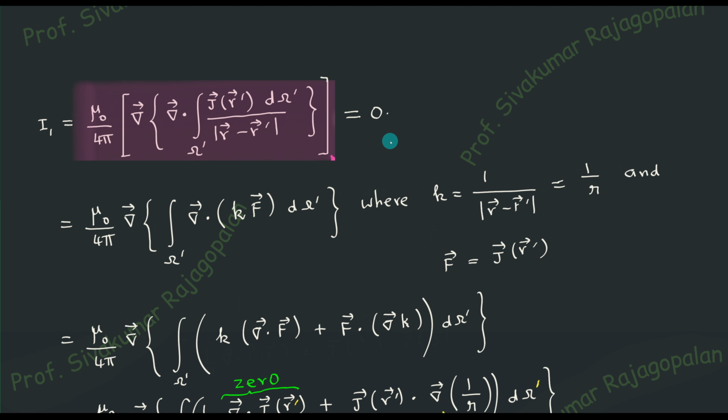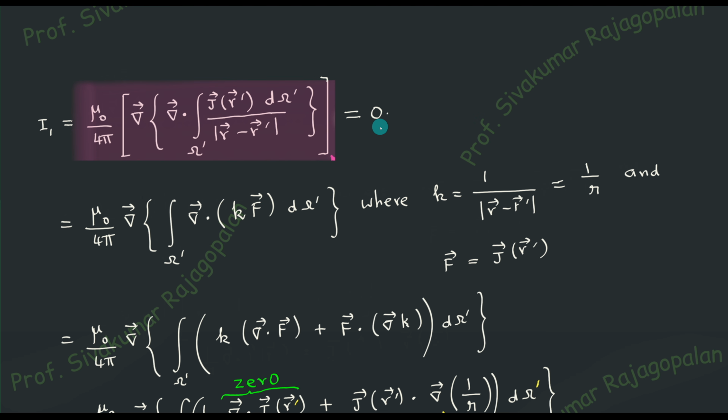That kind of explanation may not be satisfactory, but at least for a qualitative situation, the explanation that I have given in the last class, maybe for introductory purpose, that is okay. But I thought that you must have a proper mathematical proof that the integral I1 goes to 0. But remember carefully that it is 0 only for magnetostatics.